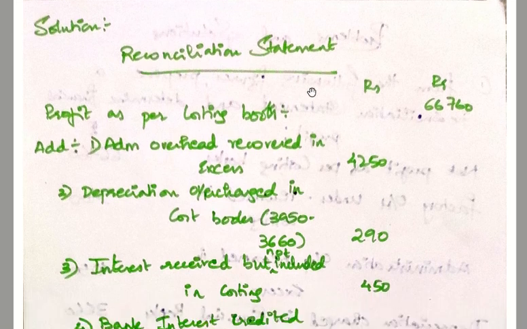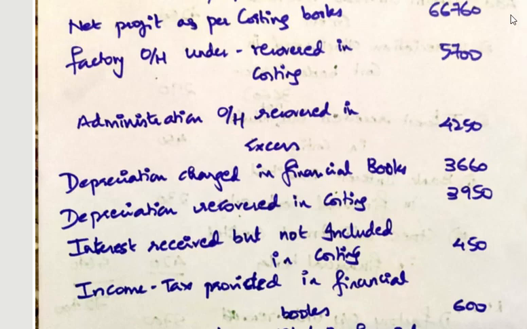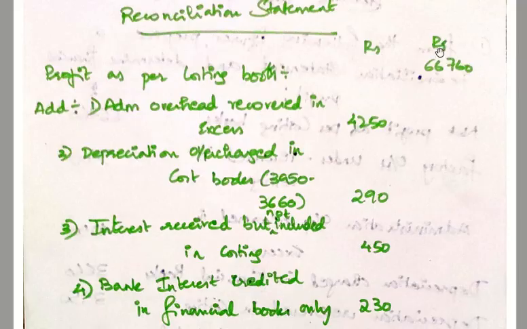So now let us look into your reconciliation statement. So you will start with profit as per costing books, 66,760.